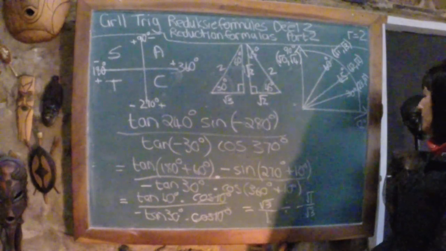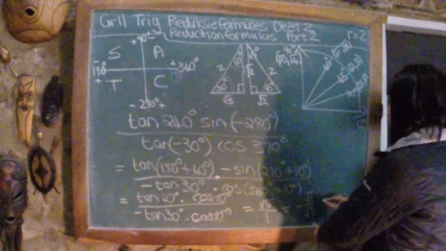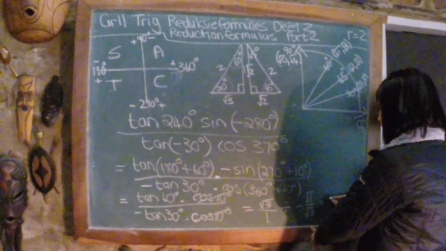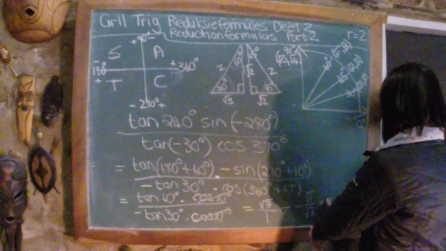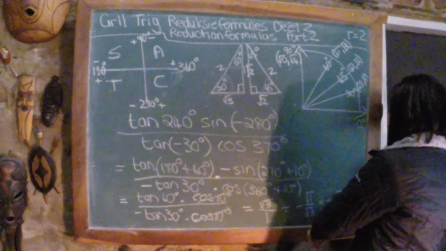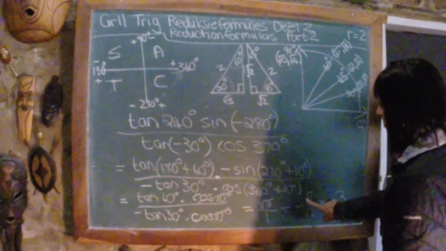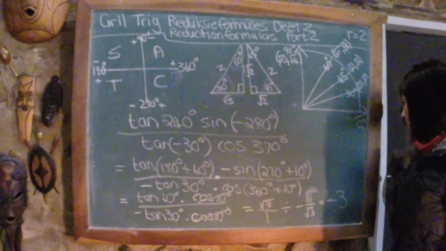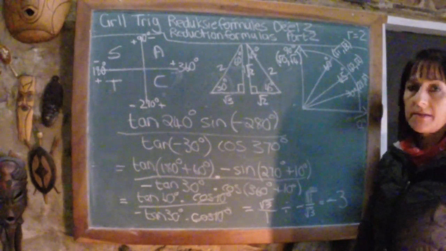So if you multiply it with a reciprocal, you will get root 3 times root 3, and that gives you 3. So the minus stays, and the answer is 3, because root 1, the root of 1 equals 1, and 1 times 1 gives you 1. So your answer is minus 3.